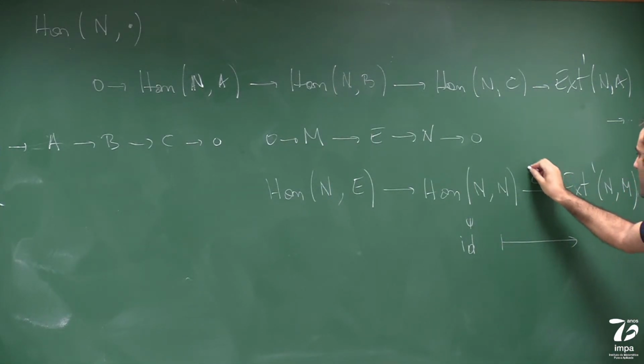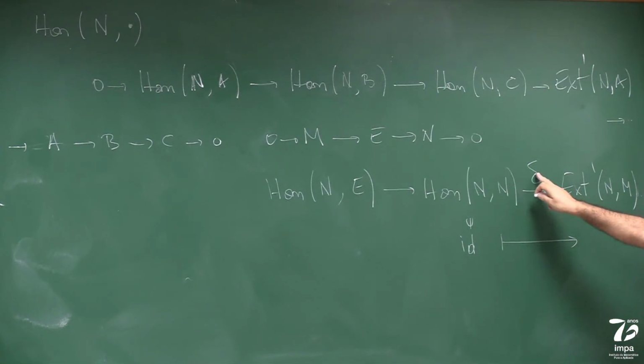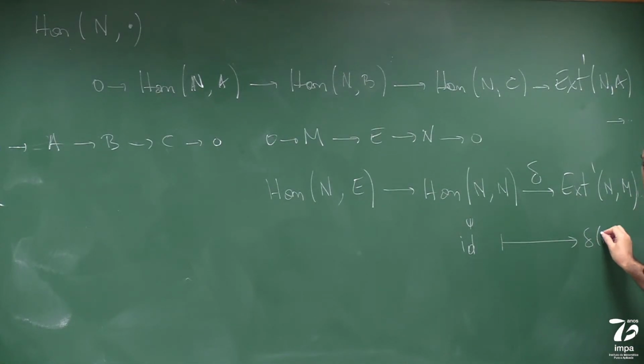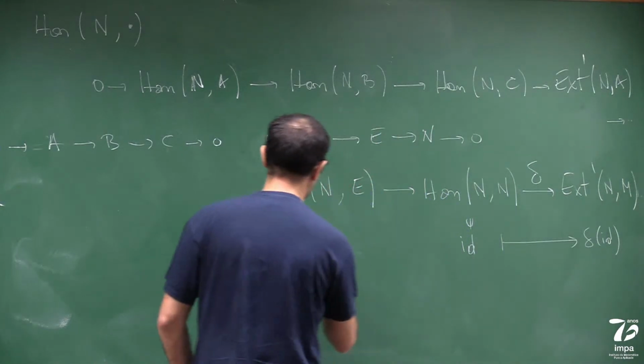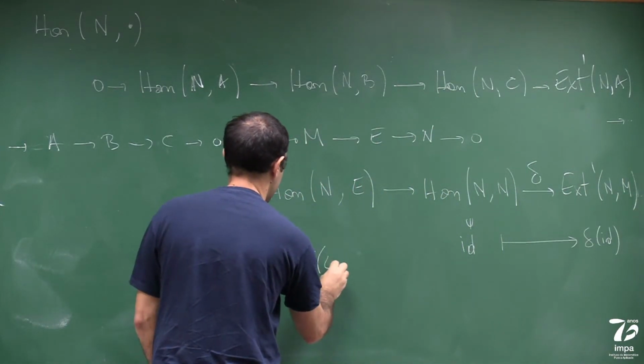This is the delta functor. This is an Ext^0 and this is an Ext^1. This is the delta one that we constructed. So delta of the identity is something here. And this is exact. So if this guy is 0, then there exists an element here that maps to the identity.